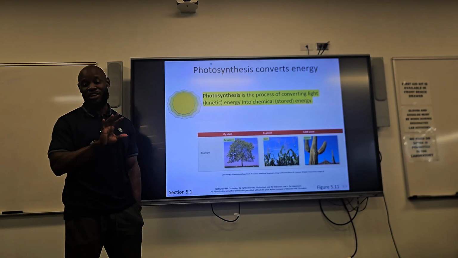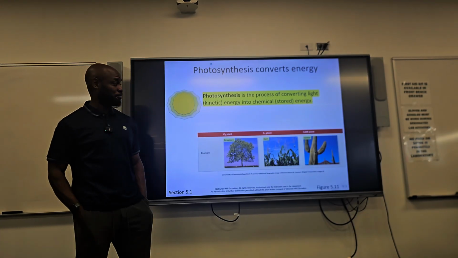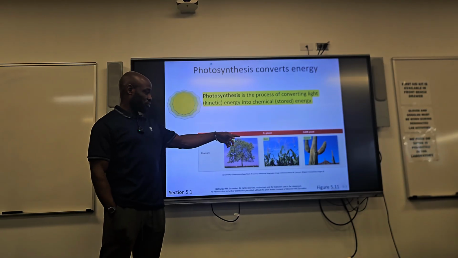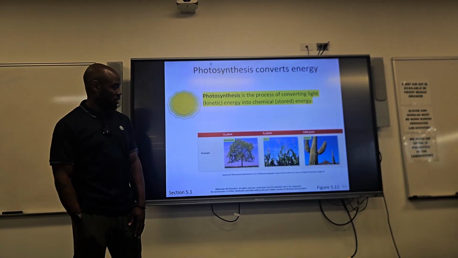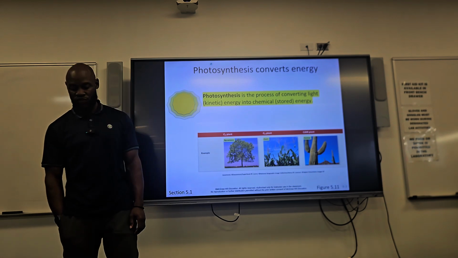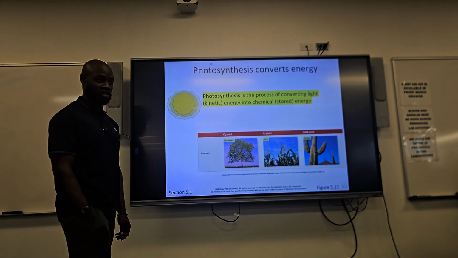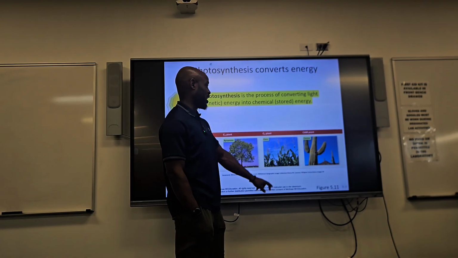Remember, energy is not created or destroyed. Convert it to energy that they can use, okay? So there are different types of plants, and they can convert it in a little bit different ways. And we looked at plant cells under the microscope today in our lab.